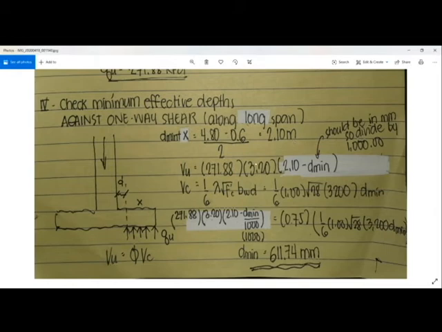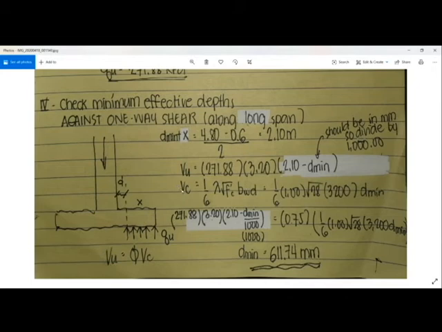Here, our VU is equal to 271.88 kilopascal again, multiplied by 3.20 multiplied by 2.10 minus the d minimum over 1,000. Don't forget the over 1,000 because our d minimum should be in millimeters.